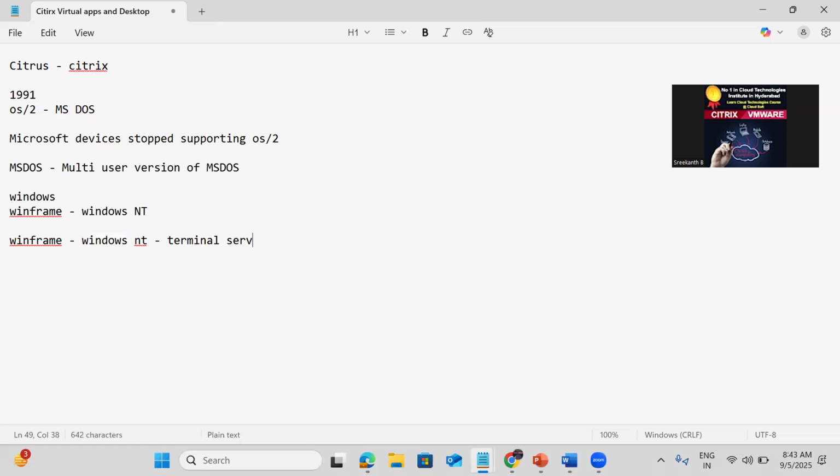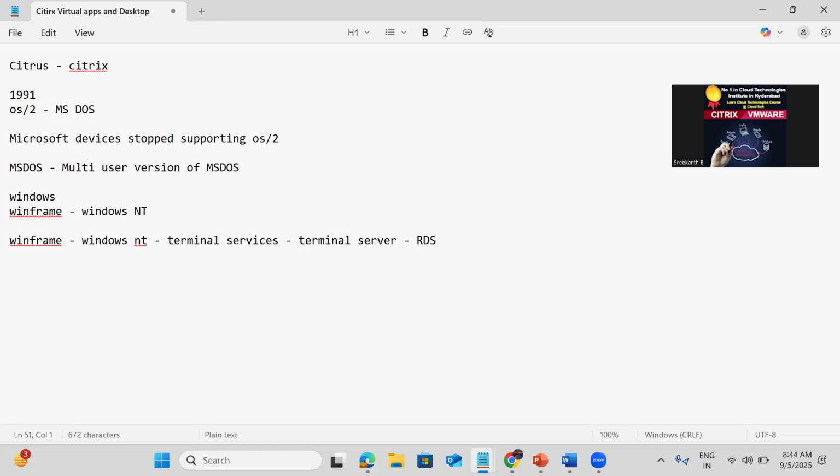WinFrame was merged with Windows NT as Terminal Services. Later it was called Terminal Server, and now it is called RDS, Remote Desktop Services. Technically, the code was developed by Microsoft and Citrix in collaboration, but most of the contribution came from Citrix.